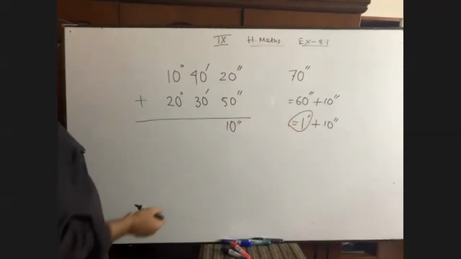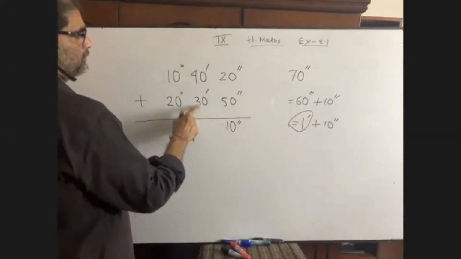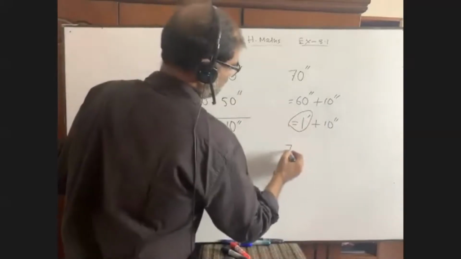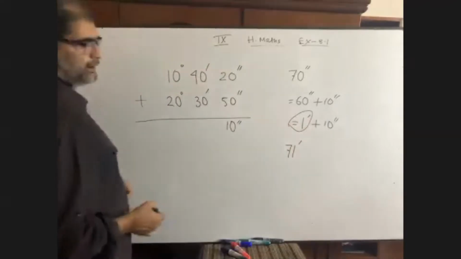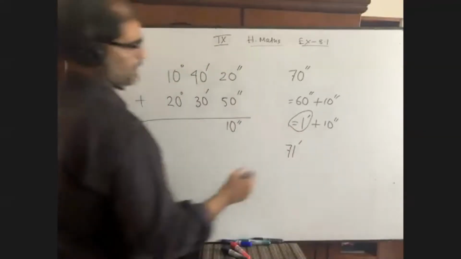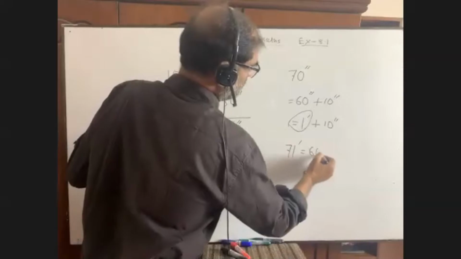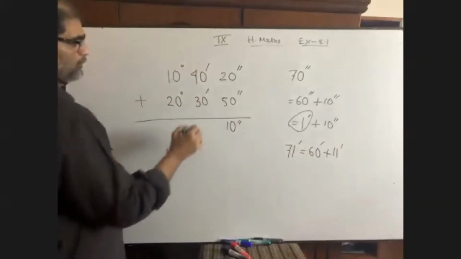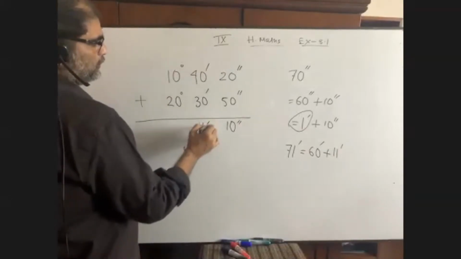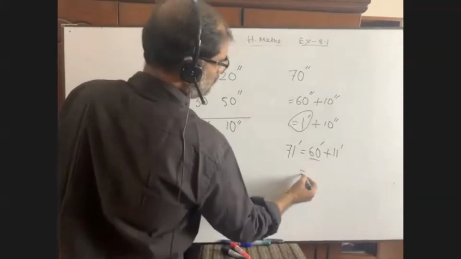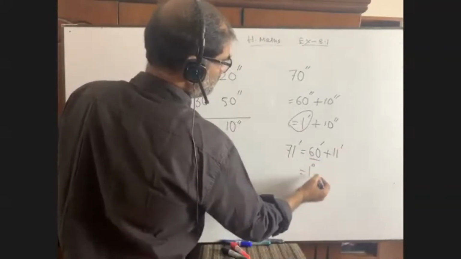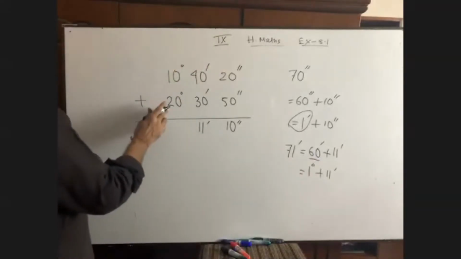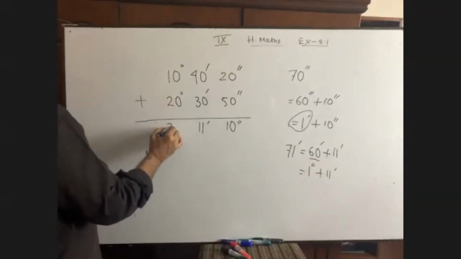You add this one, 30 plus 1, 31 plus 40, we get 71 minute. This 71 minute can be written 60 minute plus 11 minute, so we are left with 11 minute. And this 60 minute means 1 degree. So we are left with 1 degree. 20 plus 1, 21 plus 10, 31 degrees.